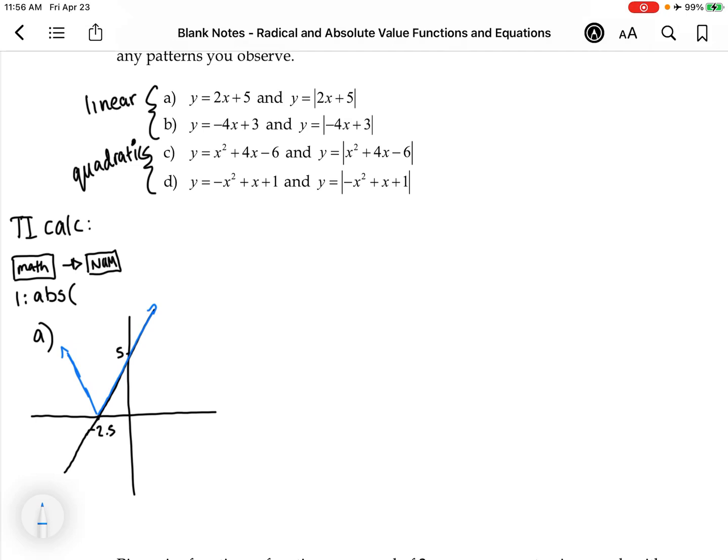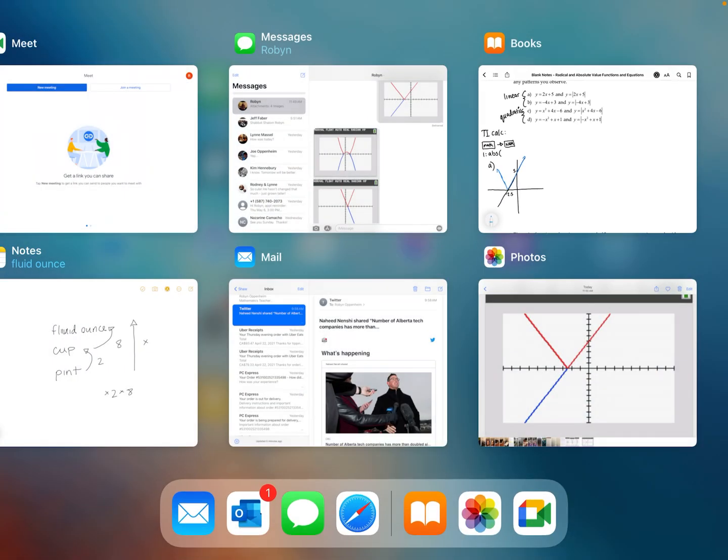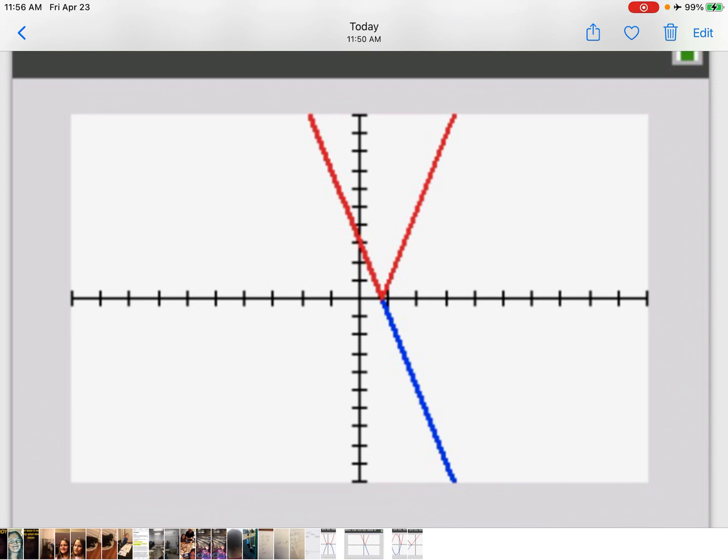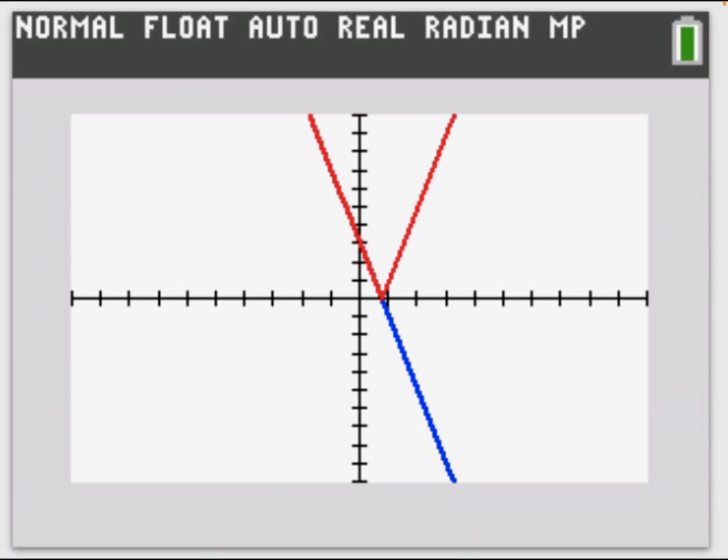All right, let's look at B. B was y equals negative 4x plus 3, and y equals the absolute value of negative 4x plus 3. When I graphed both of those, I saw this. Similar sort of thing. The blue graph is y equals negative 4x plus 3, so it's in the fourth quadrant, but then it overlaps with the red graph as well.